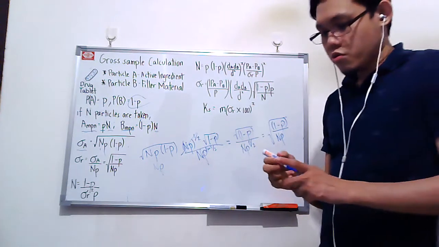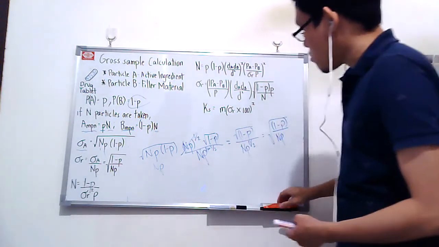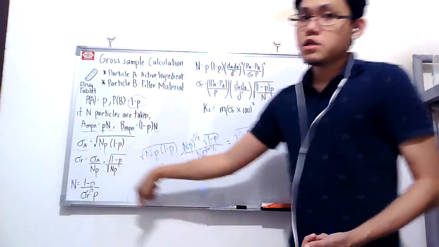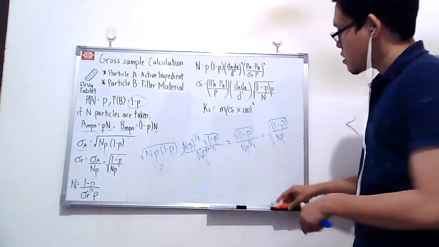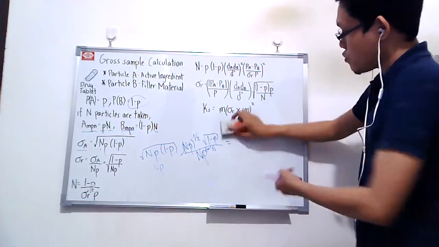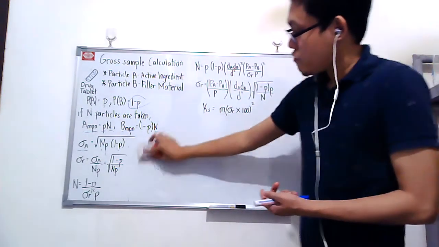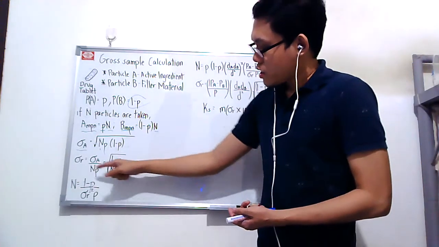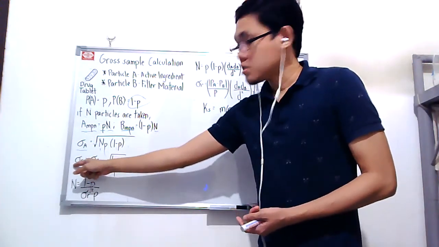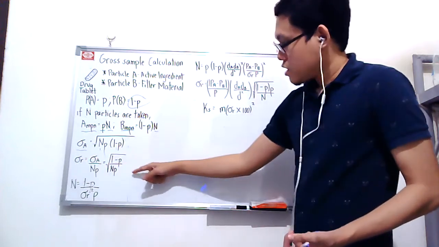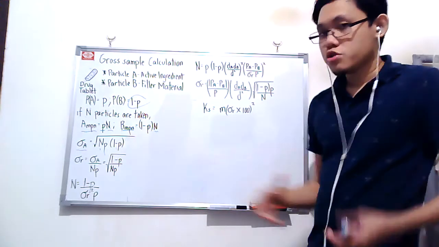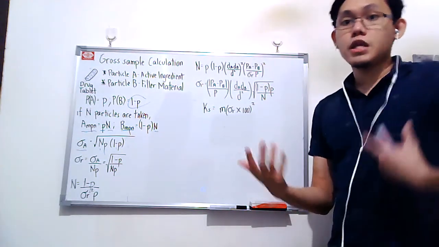Okay, so naintindihan naman kung paano derive yung nasa equal sign. And then, if you rearrange this form, the relative standard deviation sigma r is equal to the square root of 1 minus p over np, to get n, which is the number of particles.